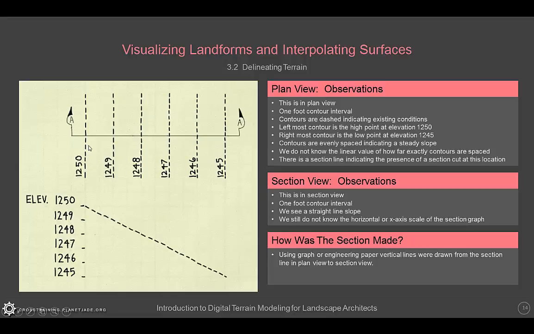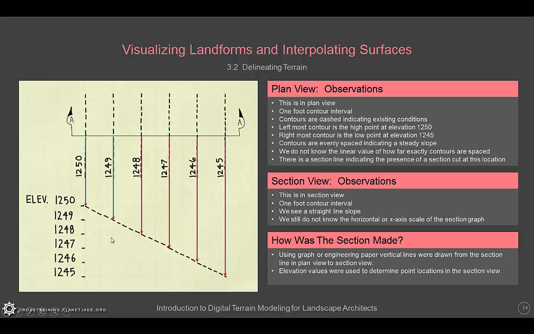The next thing I do is, where the contours are touching my section line, I draw a line all the way down. I don't know exactly how far down I need to go, and to determine that I look at, for example, this first one, the contour 1250 touching my section line.